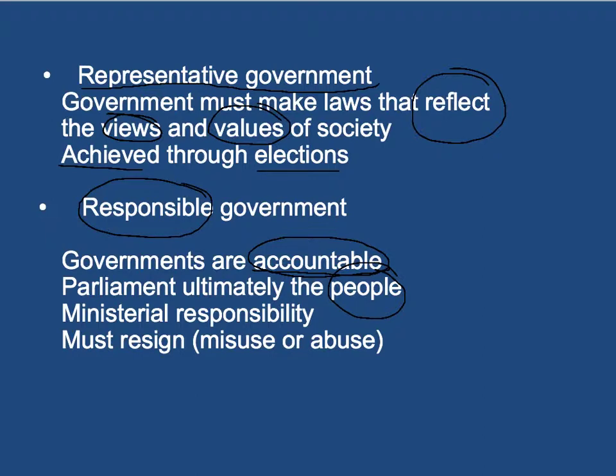But firstly, they are responsible to Parliament, and it operates through a system known as parliamentary responsibility, where ministers, who are those in charge of a portfolio or a department, are responsible for the actions of those departments. Should there be misuse or abuse of those powers, then this parliamentary system requires the member to resign.